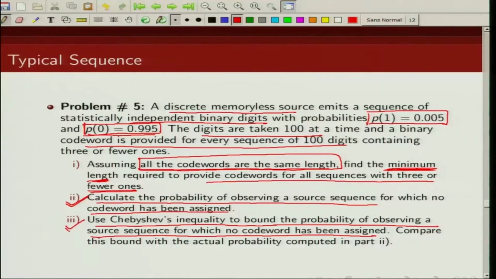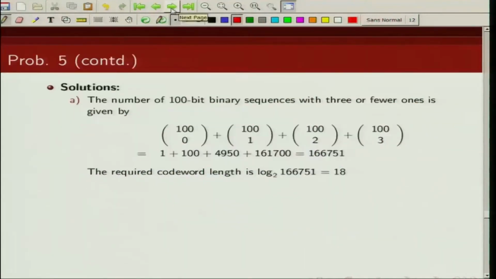In part C we are going to use Chebyshev inequality to get an upper bound on that probability, and we will compare it with the actual probability that we compute in part B. So remember, we are considering these binary sequences 100 bits at a time.